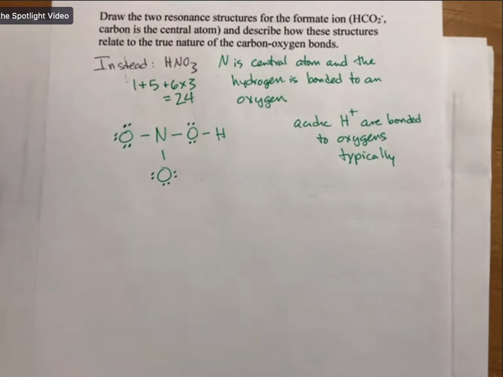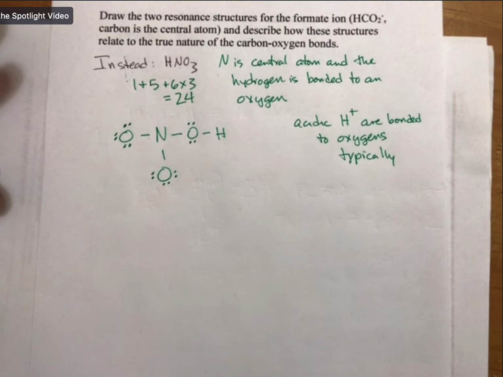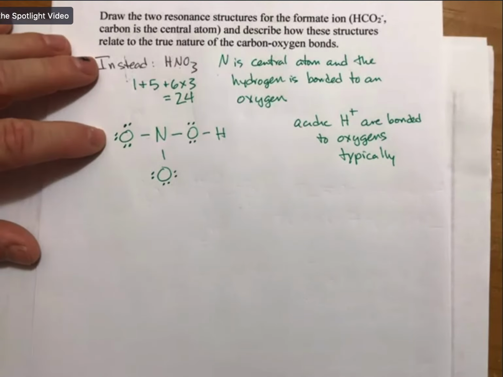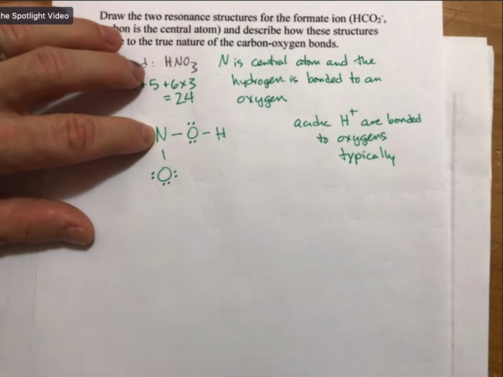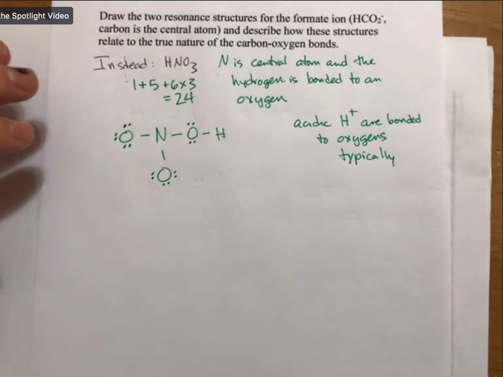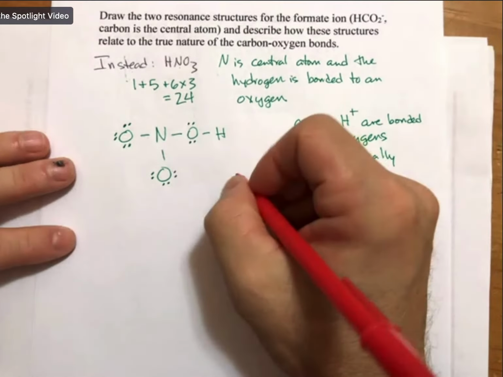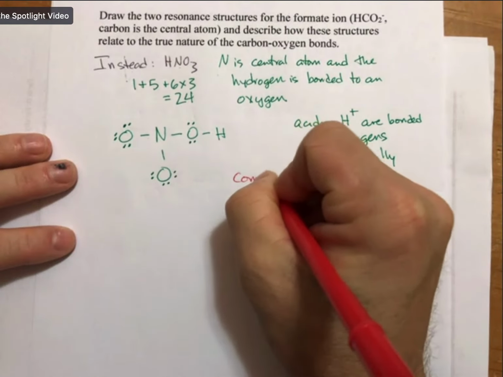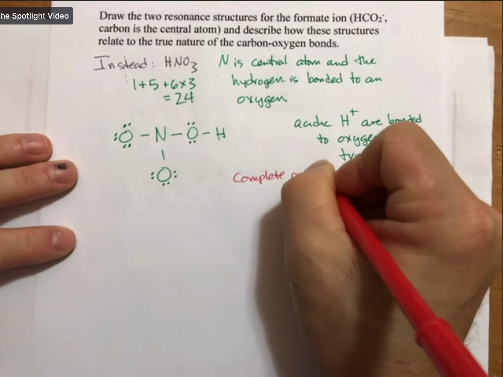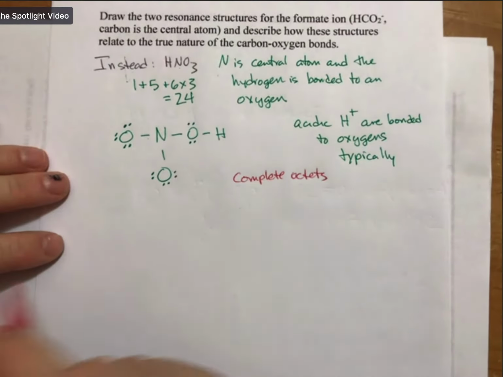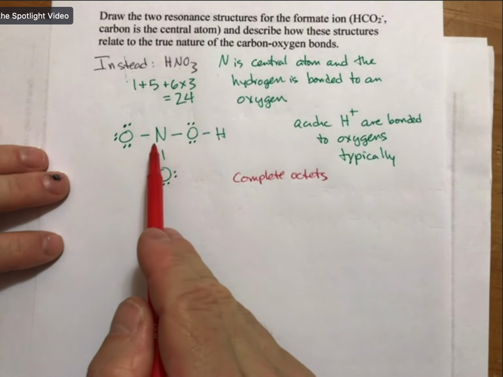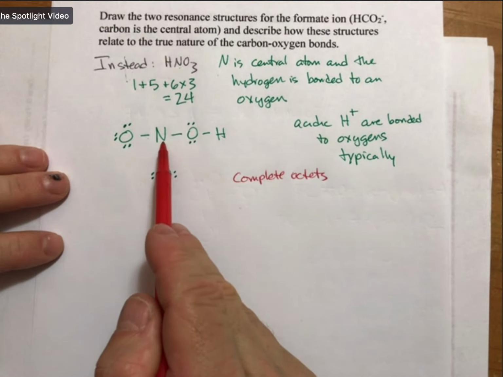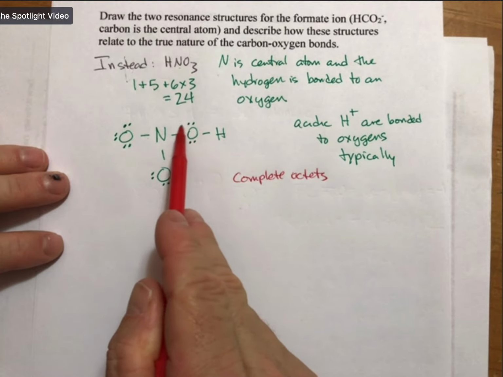Now, next step is to complete octets. We're not ready to do a formal charge analysis yet. But we'll put in, because nitrogen does not even have an octet yet. So complete octets. We're not going to mess with this part over here.